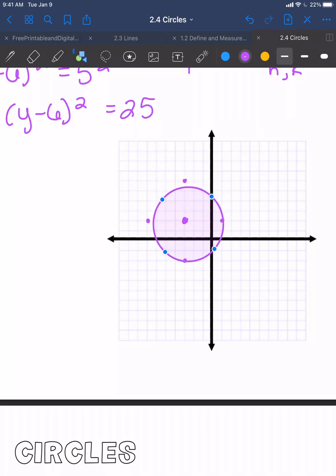Ooh, that was not good. And you have your circle. All right, you guys are gonna be doing it with the computer program anyways, so it's the best I got.